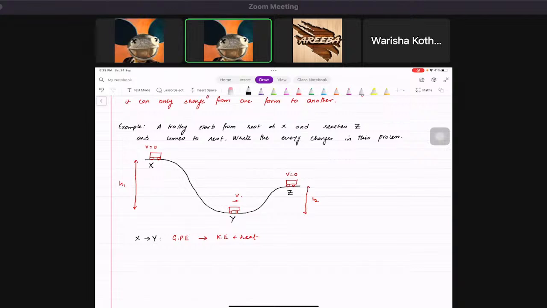If it is frictionless, they're going to tell you that. And from Y to Z, kinetic energy goes to gravitational potential energy plus heat. Because some of the energy is transformed into heat, which we did not want, that is the reason why it has now stopped at a lesser height than before. Is it clear? Yes, sir. Okay.